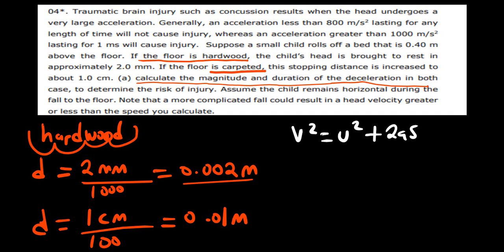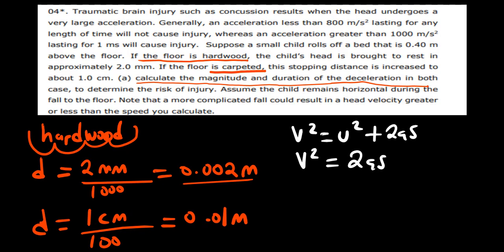Of course it is. Because the child was falling from rest, the initial velocity was 0, so v squared will just be 2as.